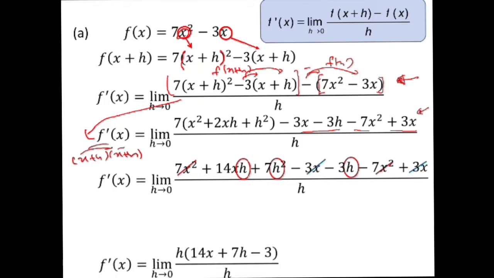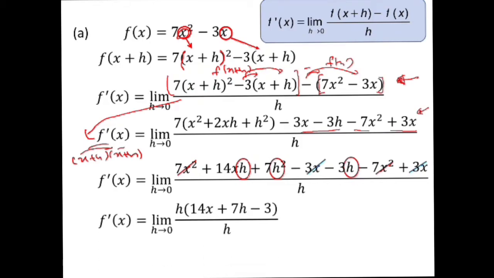So this means we can factorize that h. So this is our fourth step, which is to factorize to cancel off with the h at the denominator. Because if we substitute in 0 here, what you get is 0 over 0. That's why you have to factorize that h so that we can cancel off with the h at the denominator.